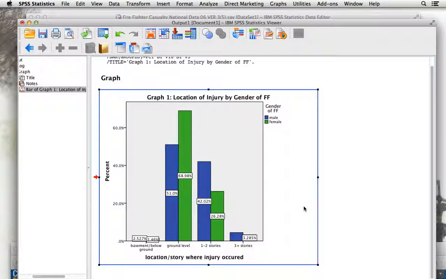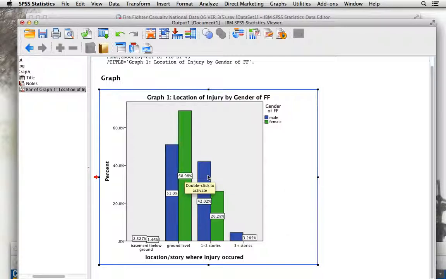Look to the biggest, go to next, and conclude with small. So we'd start with close to 70% of female firefighters were injured on the ground floor versus just a little over half of male. So a very large difference that we're seeing here between male and female.